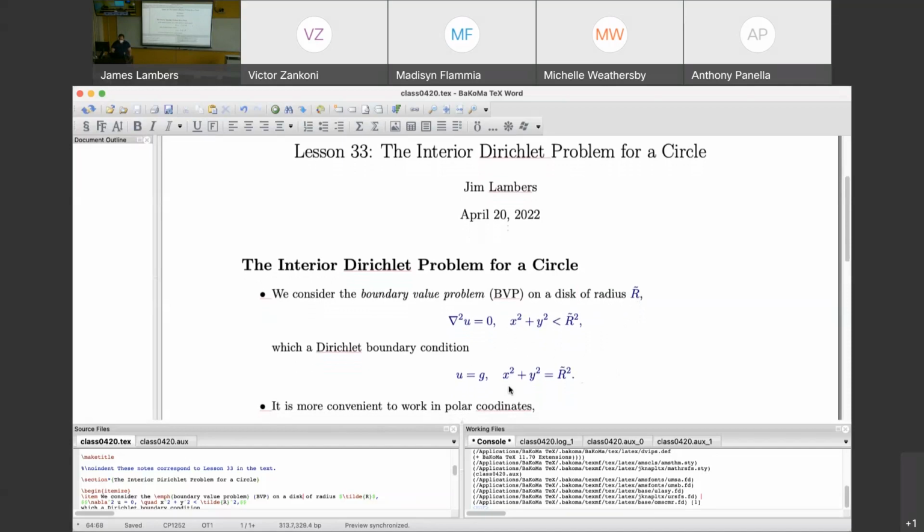And then on the circle of radius r tilde, that's the boundary of our domain, our boundary condition is that our solution u is equal to some given function g. So it's equal to g on the circle, and its Laplacian is equal to 0 inside.